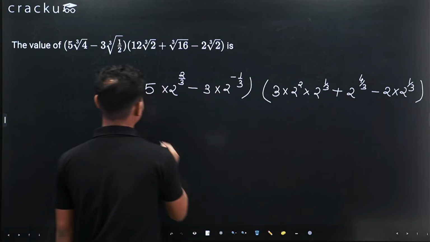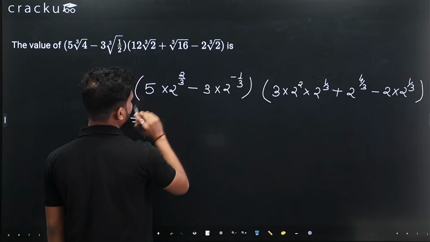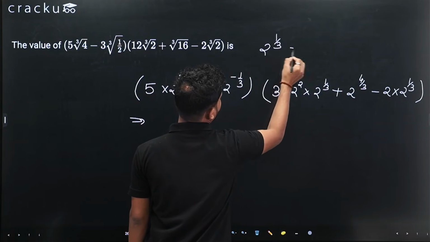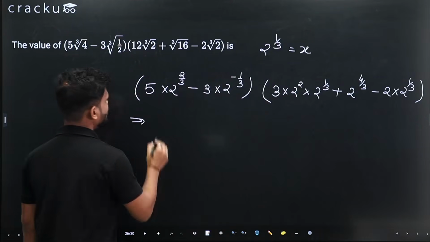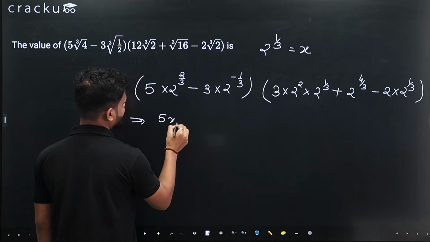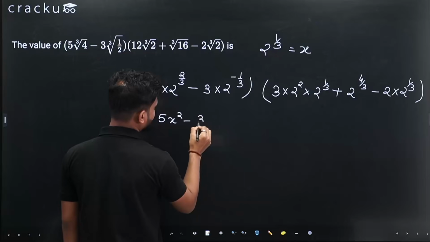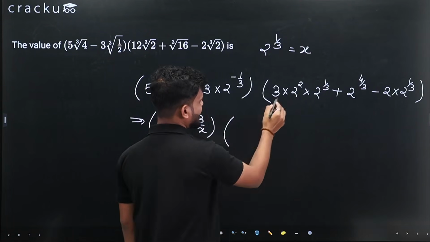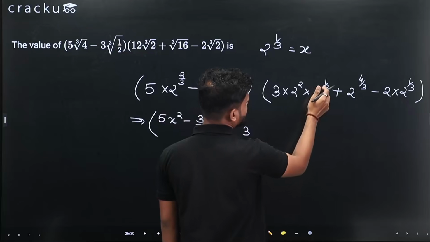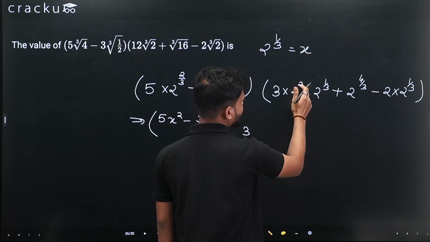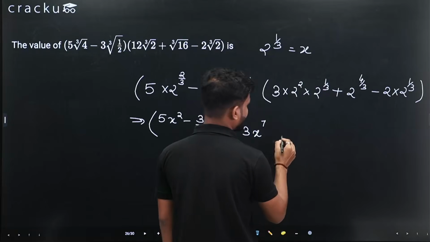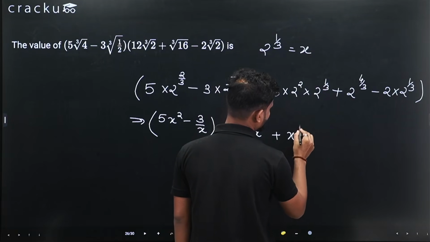From here what do you get? If you put 2 raised to 1 by 3 as x, you will get 5x square minus 3 upon x into 3 into 2, 6, 6 plus 1, 7. So x raised to 7 plus x raised to 4.